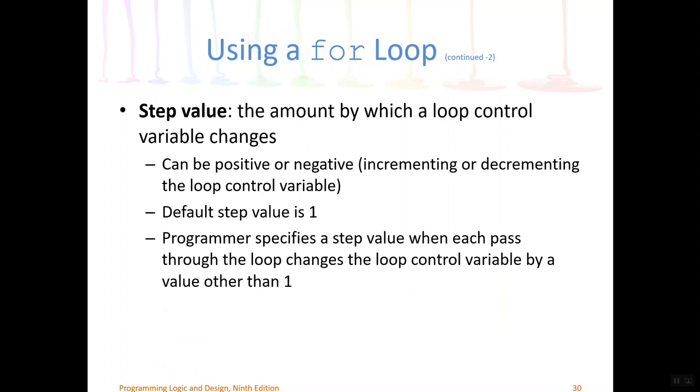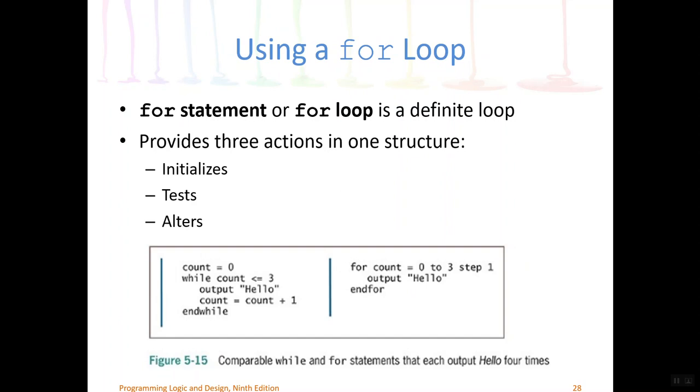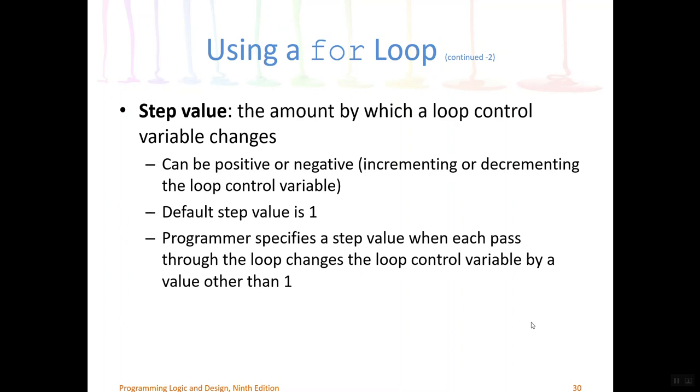So interestingly enough, you could start back here, going back to our example. We could start count at 3 and go down to 0 using step -1, and it would work successfully. So as long as we adjust our step value to either positive or negative based on how we're structuring the start and end values, the loop will work successfully.